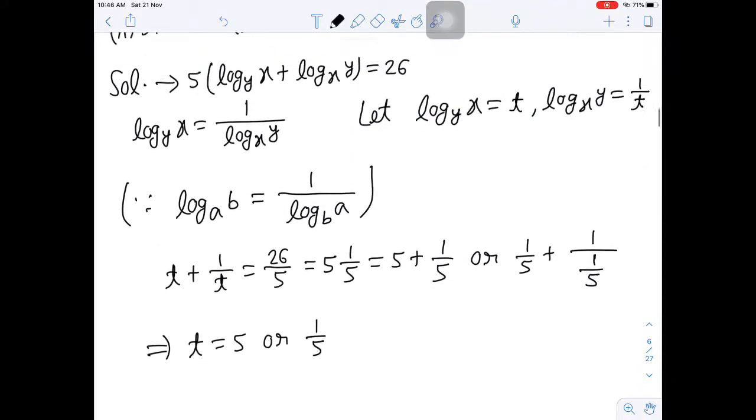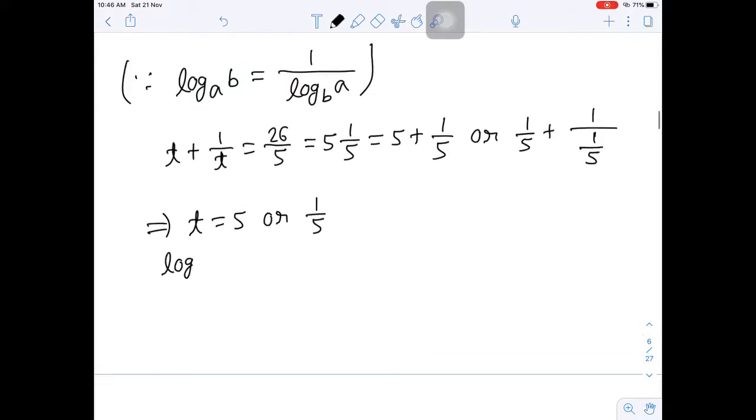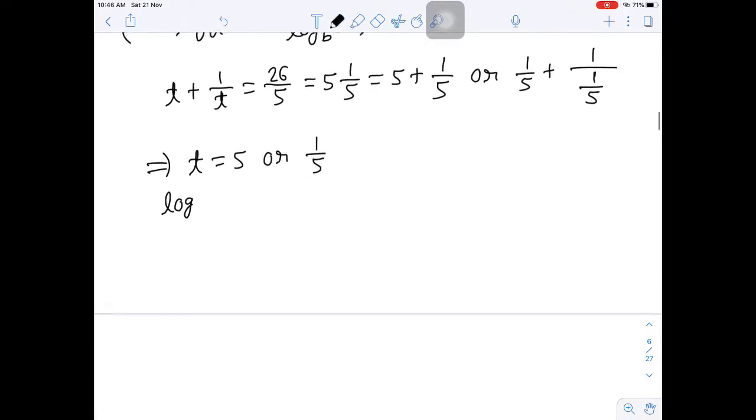Okay, now if t is 5, then we have assumed log x base y as t. So log x base y is 5, then we'll get x equal to y to power 5.